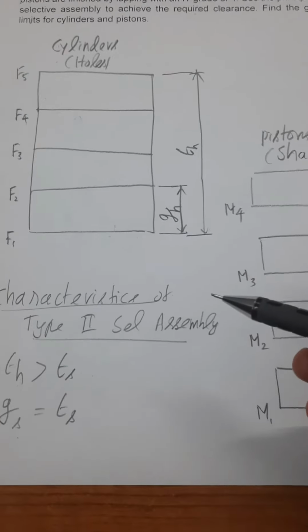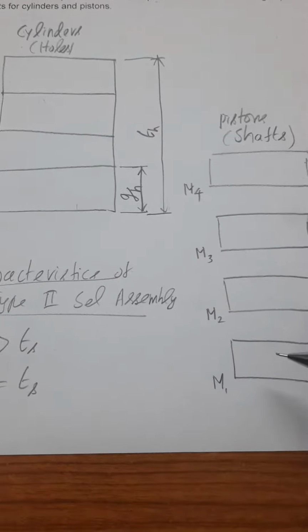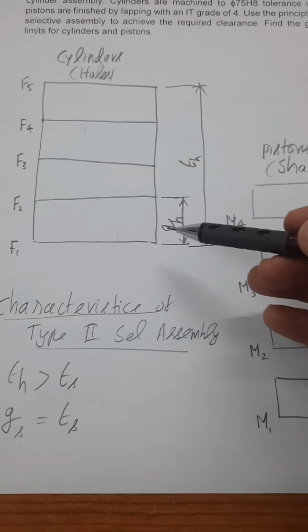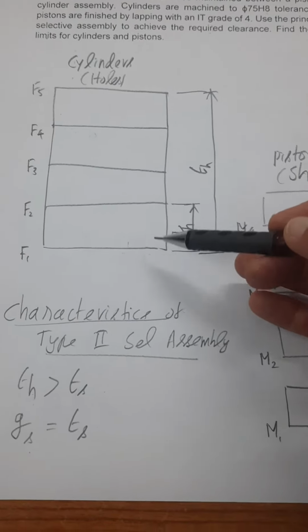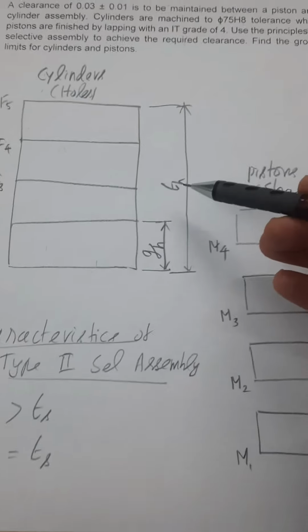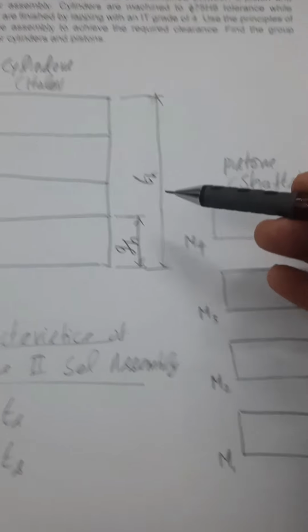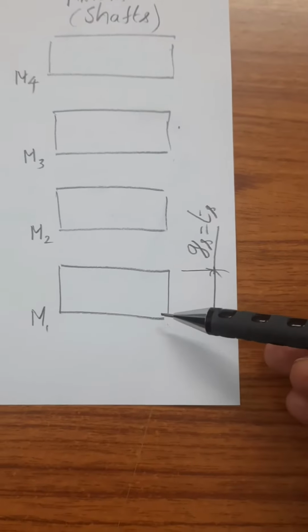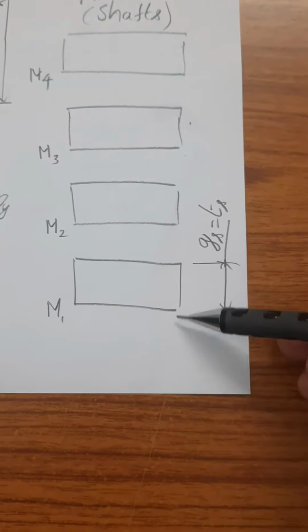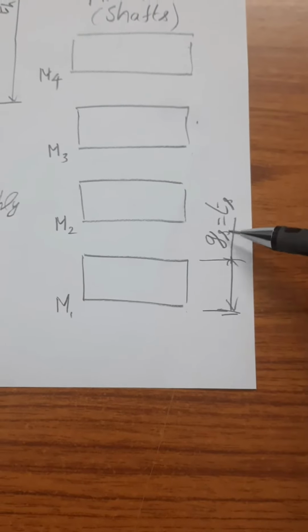So this is the graphical representation of the problem. GH is the group tolerance of the hole, TH is the total tolerance of the hole. The group tolerance as well as total tolerance of the shaft are the same, GS equal to TS.